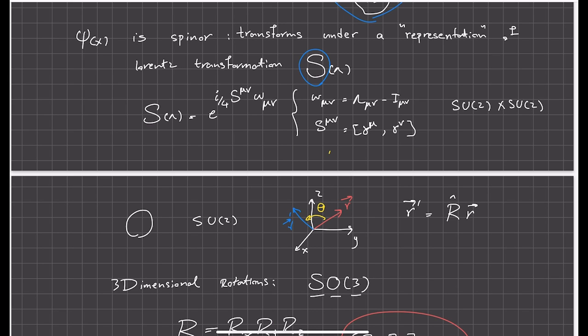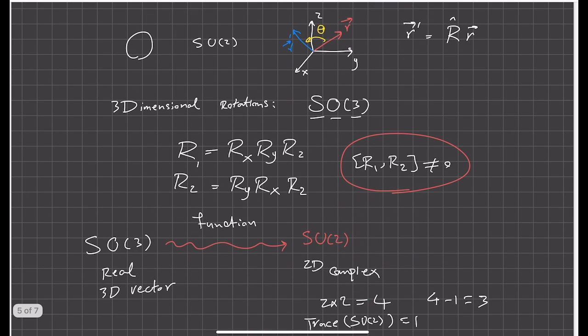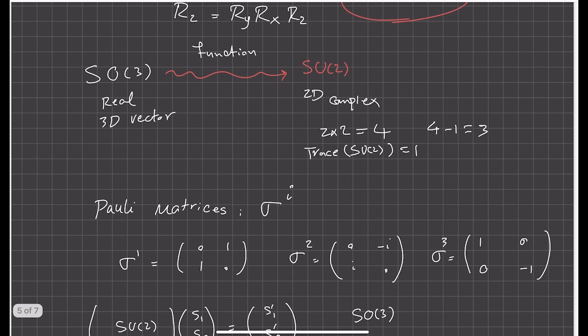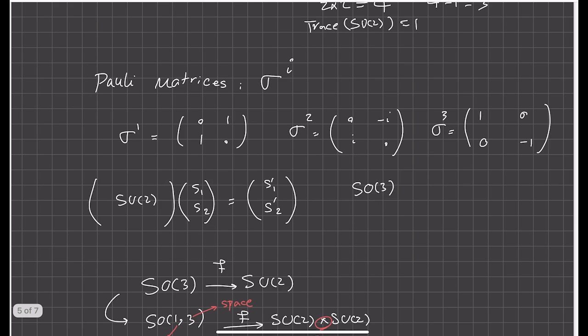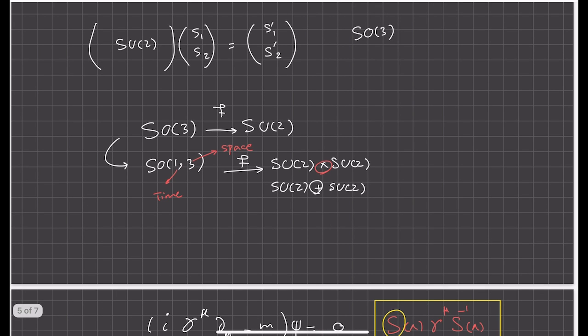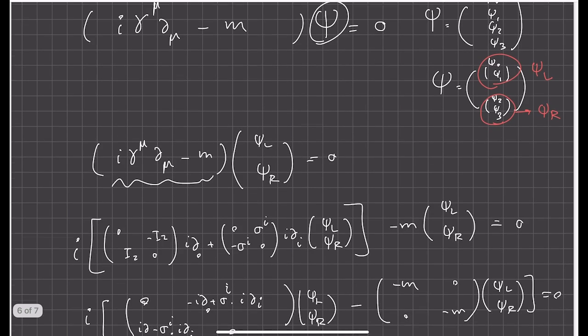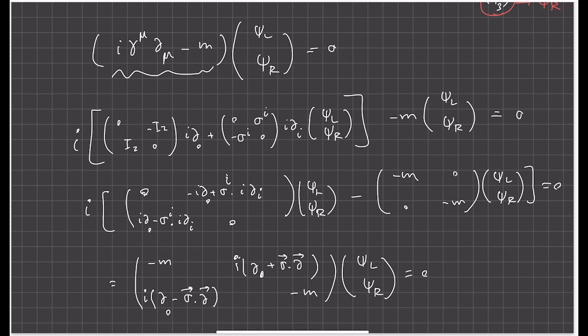And we explained how SU2 is connected to SO3 for one particle, and then if we go to the Dirac equation, we have SO(1,3), which has a time component, which can correspond to SU2 times SU2, or two independent SU2 groups, which correspond to basically subdividing any spinor into two components, psi left and psi right, left-handed and right-handed.